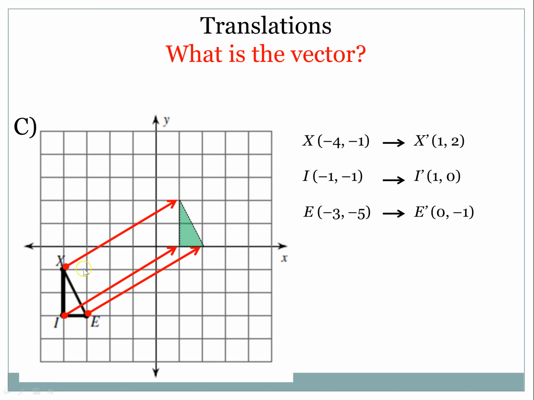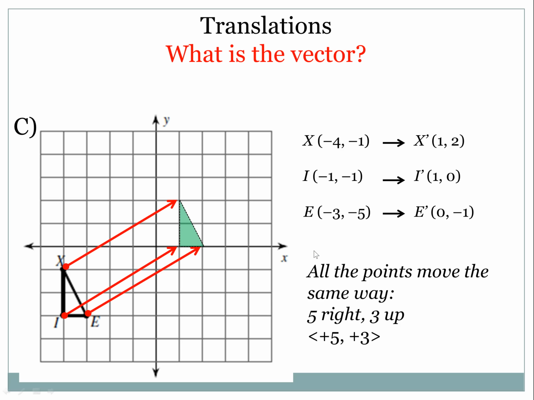So to see that, we're going to go 1, 2, 3, 4, 5 to the right, 1, 2, 3 up. So 5 to the right and 3 up, which of course is +5, +3. And that's how all of the points that form the corners or the vertices of triangle XIE slide to get up to that new triangle in green. Awesome. And we found the vector.